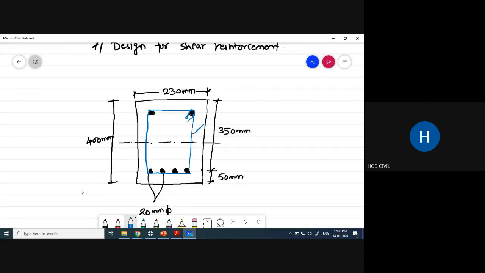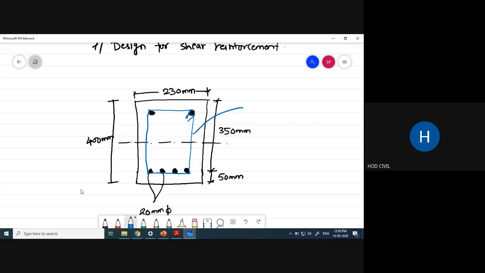After the design, whatever the diameter of the stirrups you have adopted, that diameter and its spacing you have to mention here. It is clear from the diagram that I have provided two-legged stirrups. So two-legged, say 10 mm diameter at spacing, whatever you have adopted, center to center, you have to show here. So this diagram is expected once you finish the design of beam.